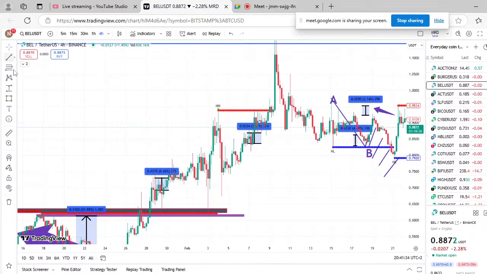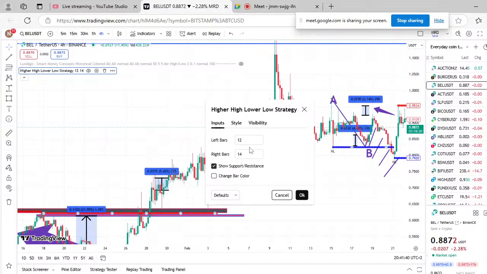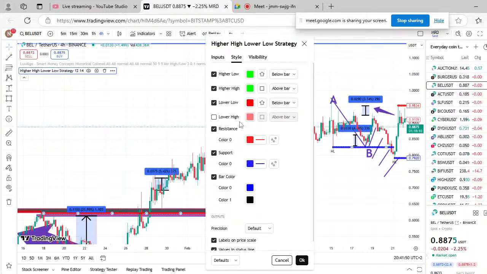It is within the indicator. When you go to the indicator's settings, they are here on Style. But we said that in Inputs, make left bars 12 and right bars 14. Then click on Style. On Style, we are interested in these points: resistance and support.